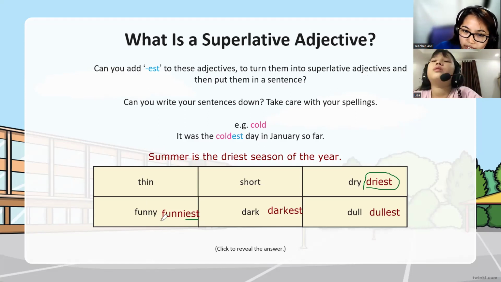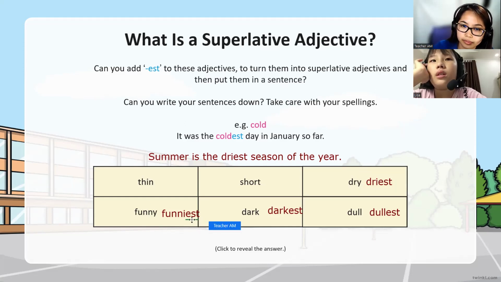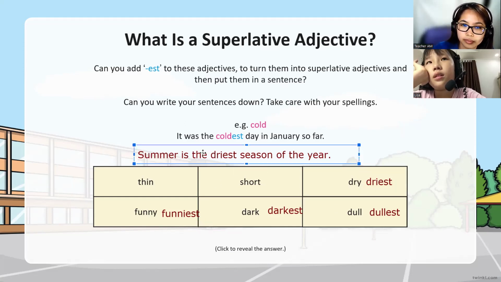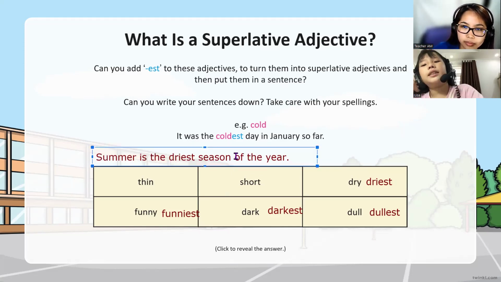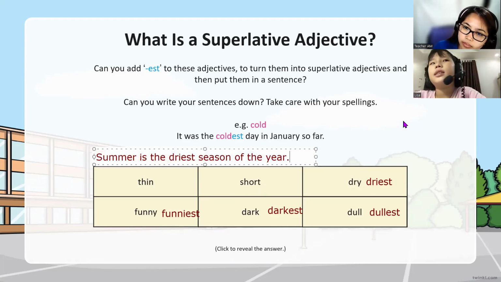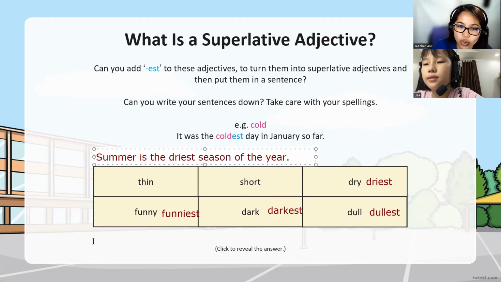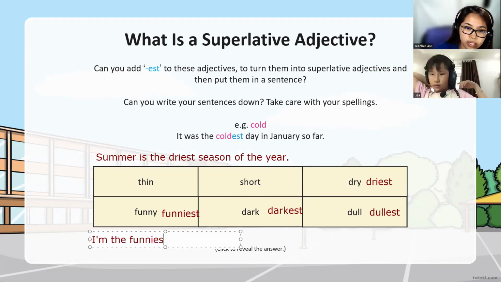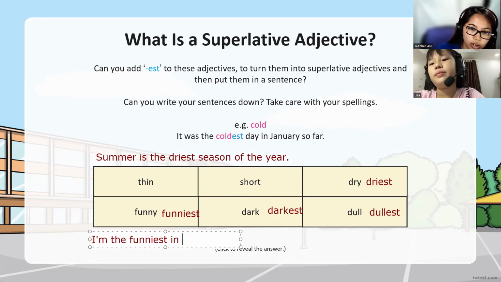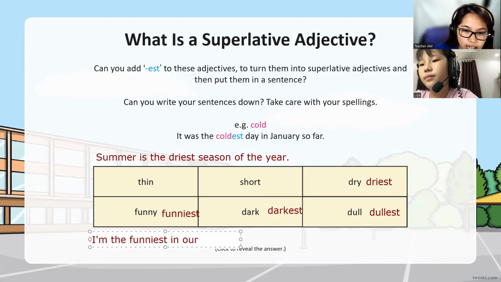So when we say dry, the best sentence for that is comparing weather or season. Now what about funniest? I'm funniest than my friend. Okay, so you can say, I'm the funniest in our group.